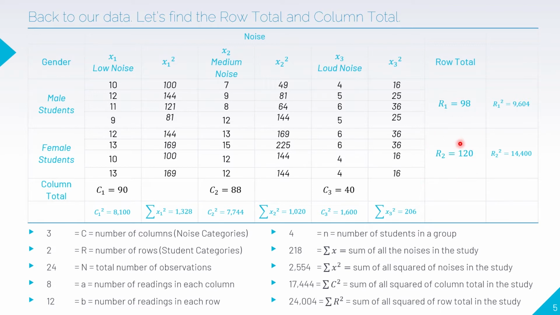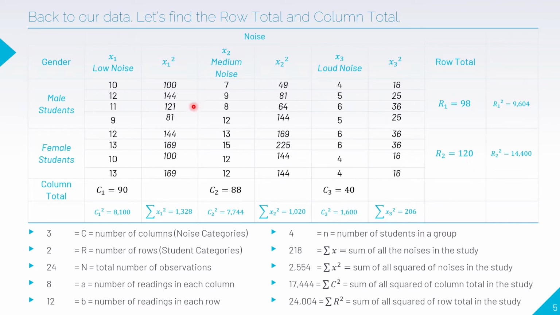In our second row, the female students, we have 12 plus 13 plus 10 plus 13 plus 13 plus 15 plus 12 plus 12 plus 6 plus 6 plus 4 plus 4. We have our row total in the second row, 120.